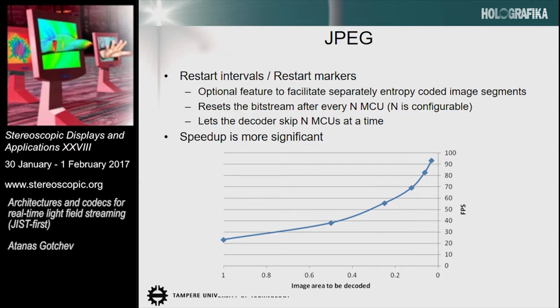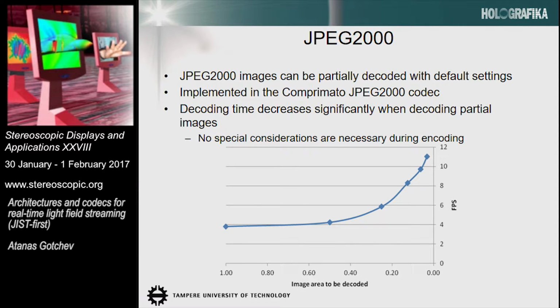We can put the desired and undesired blocks in different streams, and then the speedup is more significant in terms of the image area to be decoded. In JPEG 2000, partial decoding is a built-in feature, so we had to do nothing, just took one of the commercially available codecs and saw how it performs.